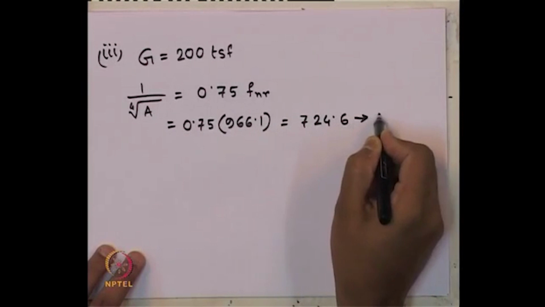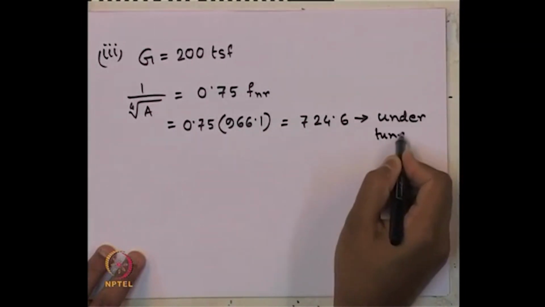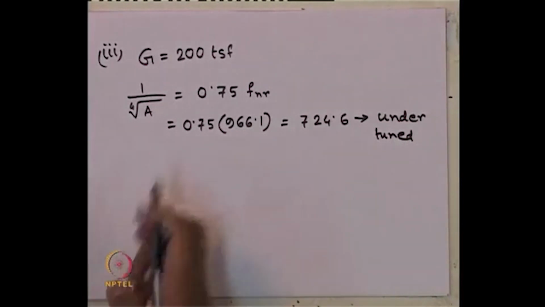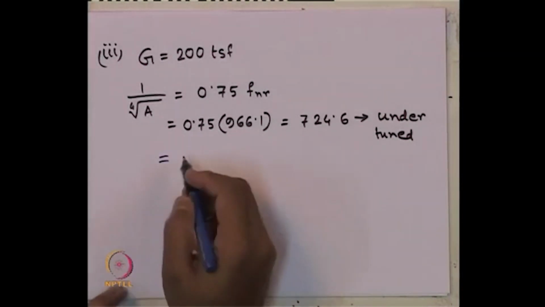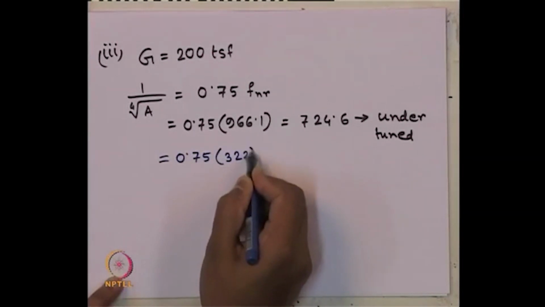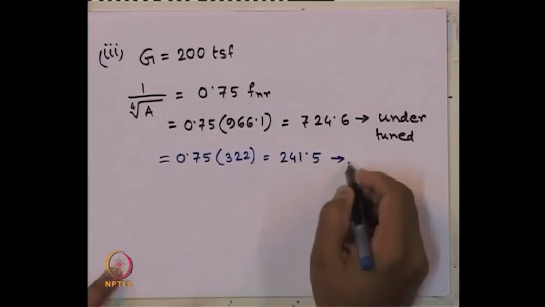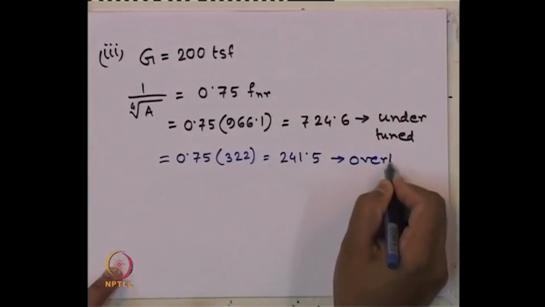That gives 724.6 for the case of under tuned, and 241.5 for the case of over tuned.